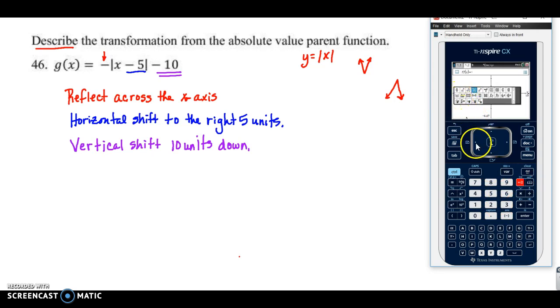You can arrow over, get the absolute value bar, and push enter. Then inside my absolute value bar, I want an x minus 5. Make sure you arrow to the outside of your absolute value bars, and we're going to have our -10.